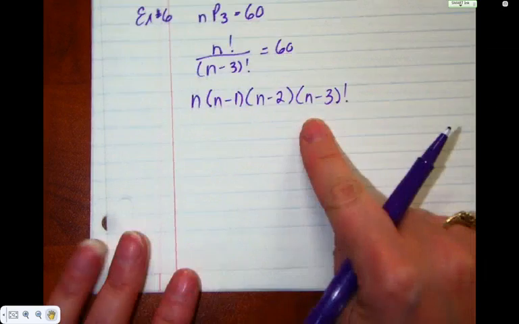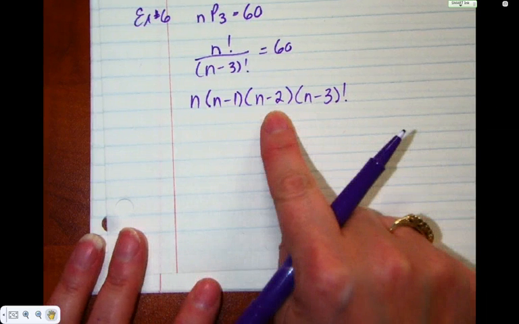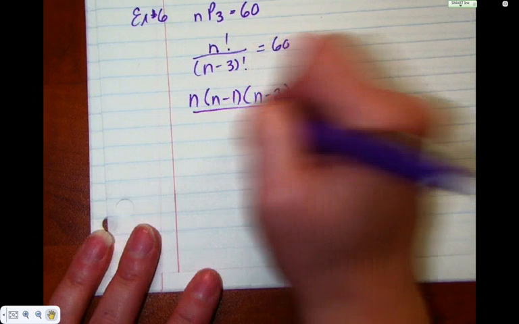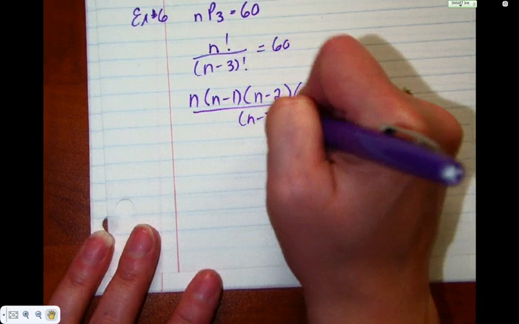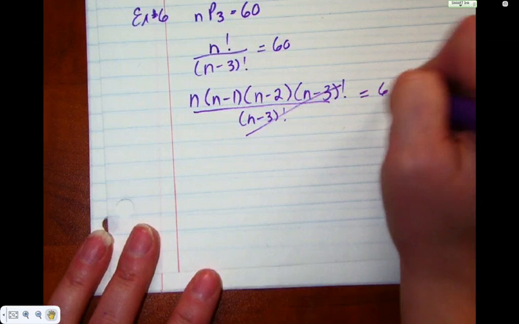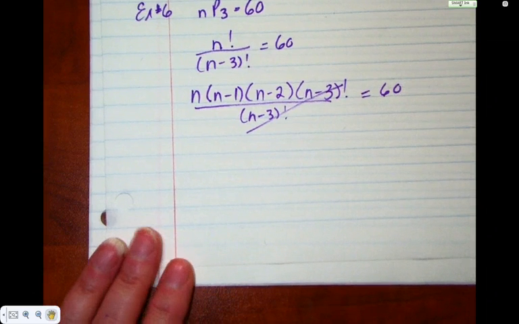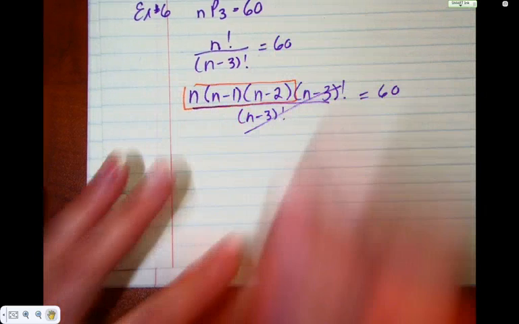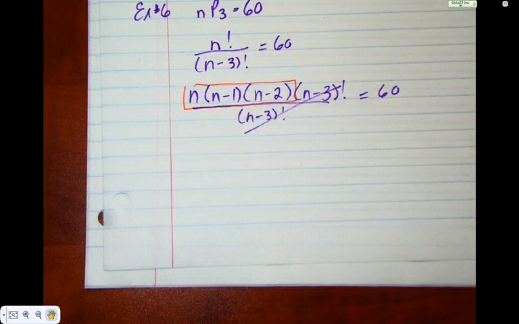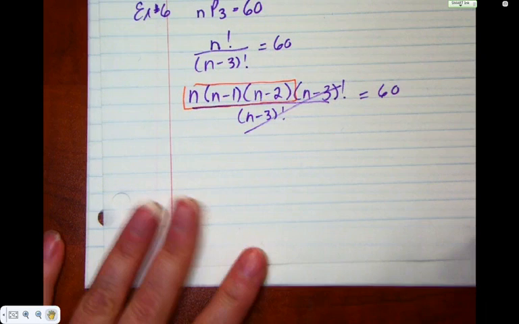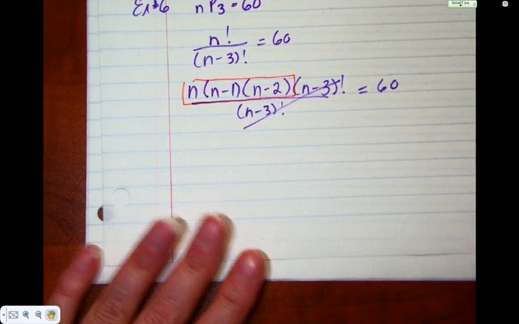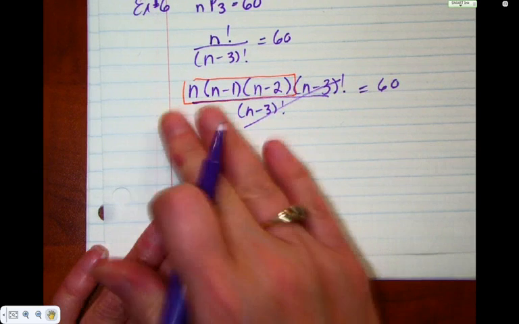Why did I go all the way to n minus 3 when in the last example we stopped after n minus 2? Because we have n minus 3 factorial on the bottom. Oh my goodness, how am I going to multiply this out? You can multiply them in any order.